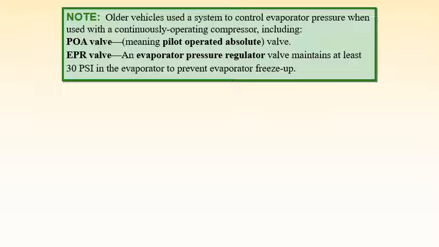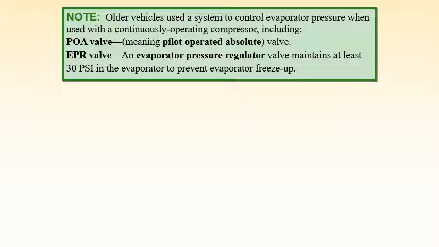Now there is one small note: older vehicles used a system to control evaporator pressure when used with a continuously operating compressor, including a POA valve and an EPR valve. POA full form is pilot operated absolute valve, and EPR valve is evaporator pressure regulator valve, which maintains at least 30 psi in the evaporator to prevent evaporator freeze up.